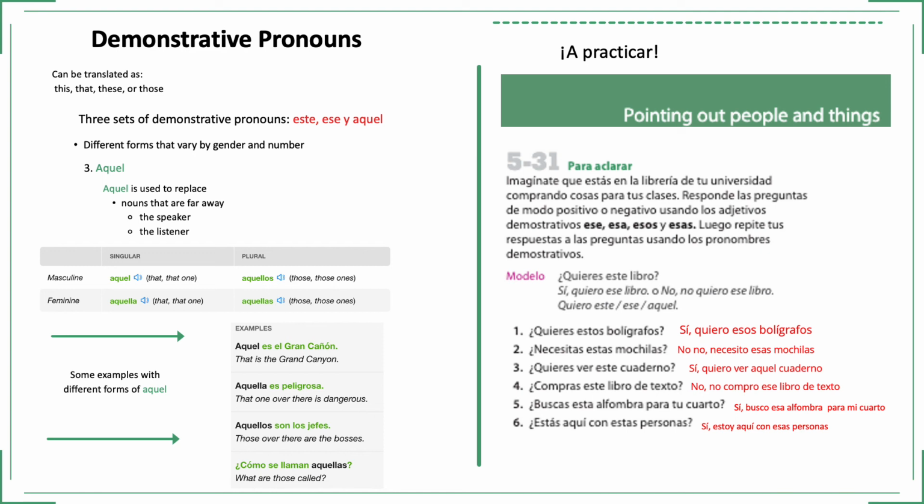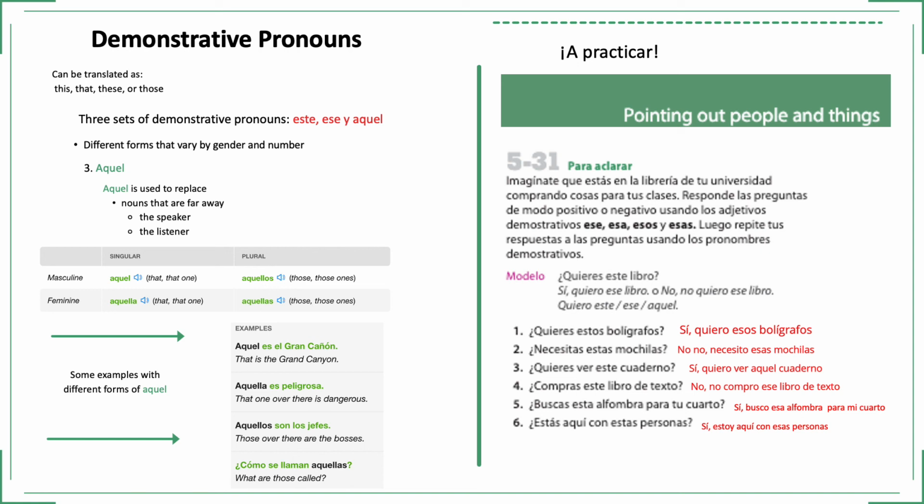Sí, quiero ver aquel cuaderno. Número 4. ¿Compras este libro de texto? No, no compro ese libro de texto. Número 5. ¿Buscas esta alfombra para tu cuarto? Sí, busco esa alfombra para mi cuarto.